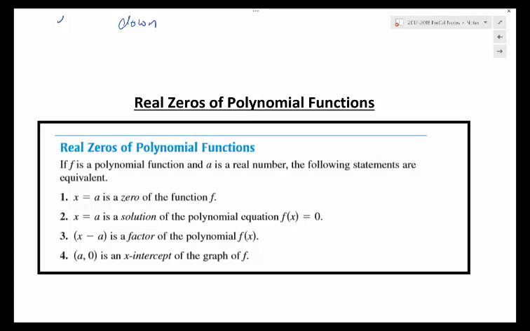Think of it as when you had a quadratic and you had to reverse FOIL it to get x minus this times x plus this. They're saying those are factors, and what x equals, if you set the factor equal to 0 and solve for x, is a zero of the function and a solution. Okay, copy that down.